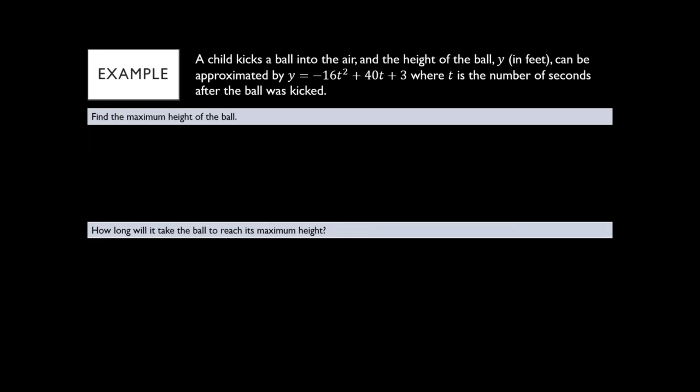So they're telling us that t is the input, and instead of using x, we're using t to represent time. So that's your horizontal. And then y is your output, and that is the height of the ball, which is measured in feet.